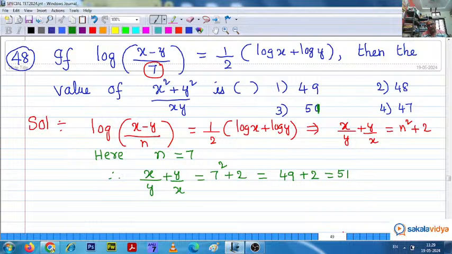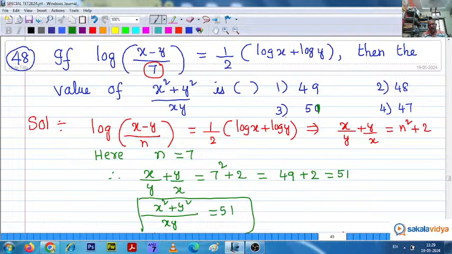So change this option, 51 this is. Now take LCM here, xy: x into x, x square, and y into y, y square, is also 51. This is the answer. So third option is the right option.